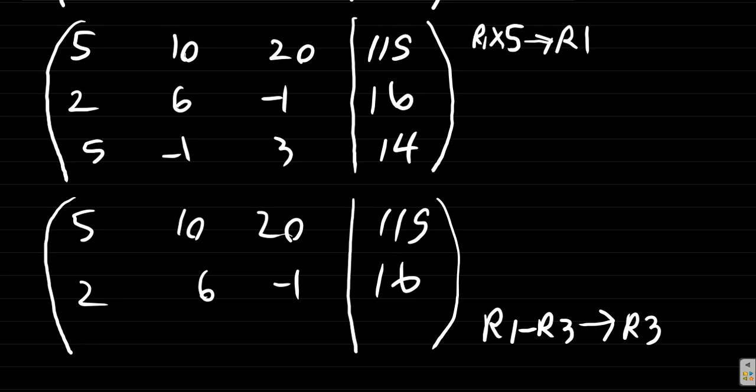So here, 5 minus 5 is 0. See that? 10 minus negative 1, same as 10 plus 1, is 11. Then 20 minus 3 is 17. What about 115 minus 14? Going to be 101.